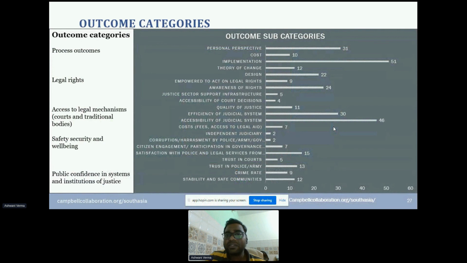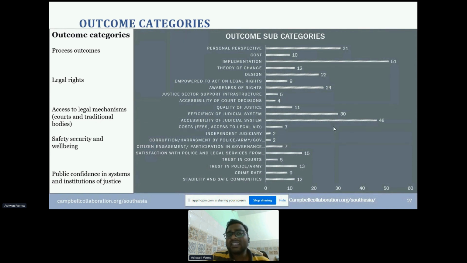The process evaluation leads, with the maximum number of subcategories. Most discuss implementation issues, which fall under the process outcomes. Nearly 51 studies discuss implementation issues.